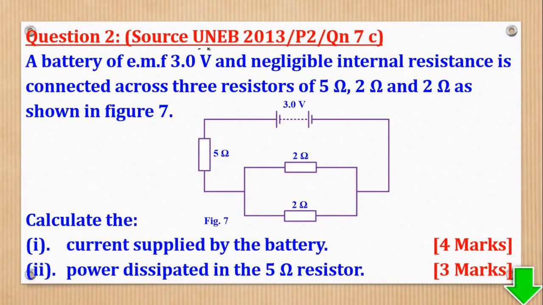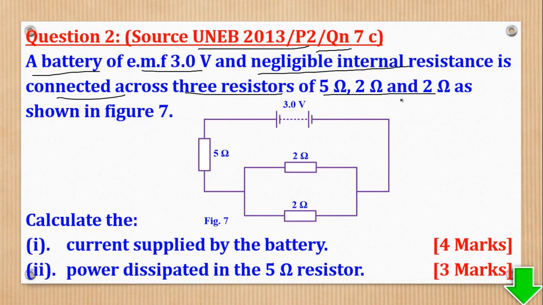Then question 2 came from UNEB 2013 paper 2, question 7C, and it says a battery of E.M.F 3 volt and negligible internal resistance is connected across 3 resistors, as shown in figure 7.